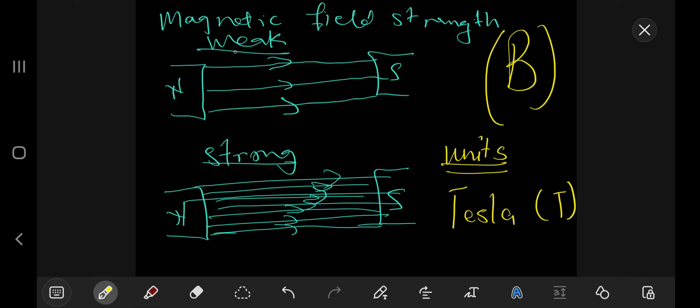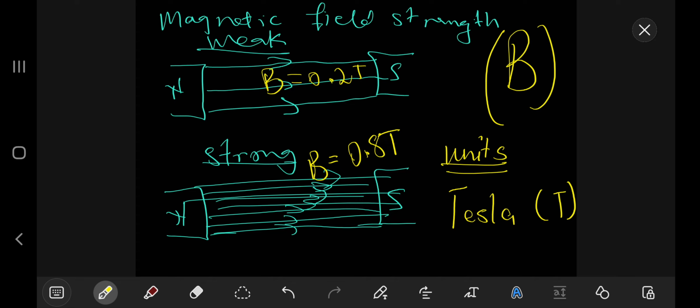So maybe in the first example, the magnets are weak, maybe the strength is 0.2 Tesla, the magnetic field strength, right? But since the magnets are strong, it means the magnetic field strength is high, maybe 0.8 Tesla, right?